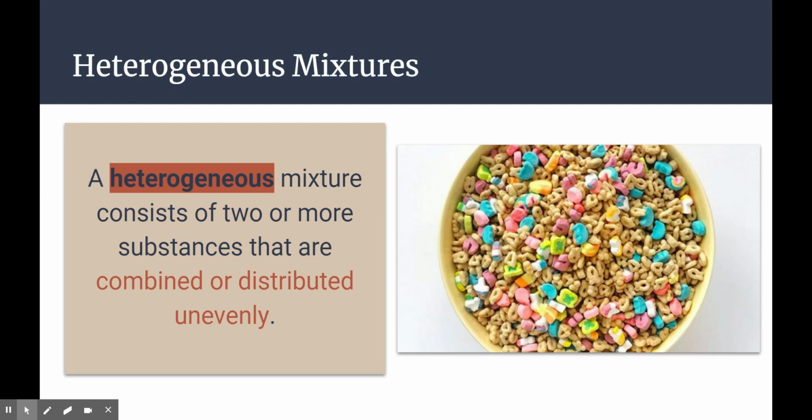If it's not evenly mixed, and I pour 2 glasses or 2 bowls of it, then they won't have the same number of that particular element or substance. You can also use Kool-Aid as an example. If I make Kool-Aid, I take water, sugar, and the powder, mix it all together, and pour 2 glasses. They're going to taste about the same because it's a homogeneous mixture.